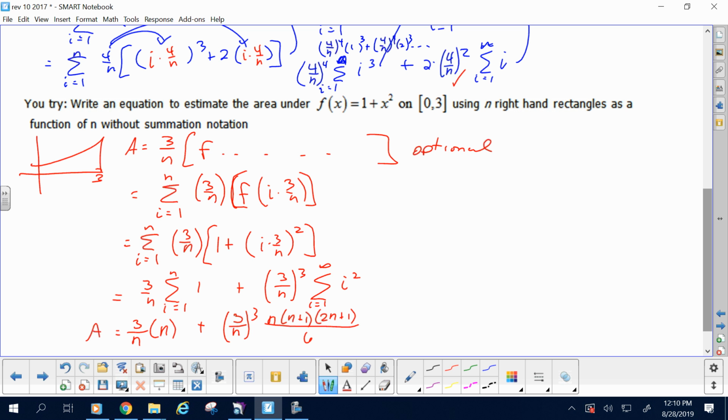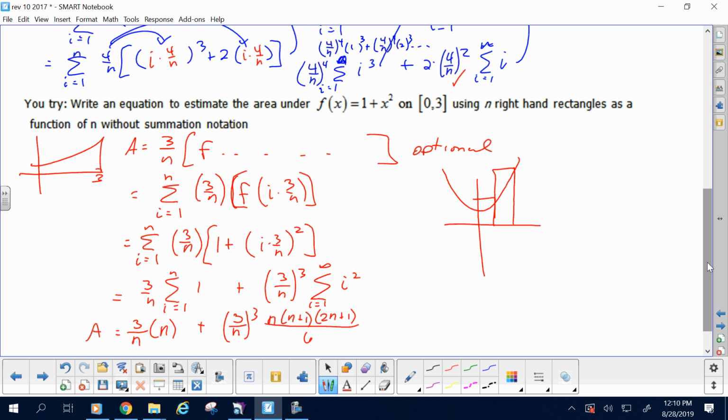Okay, so if I plugged in n equals 2, what does it mean? What does it give me? It gives me an estimate of the area under the curve in this region using 2 rectangles, and it would be a decent estimate.